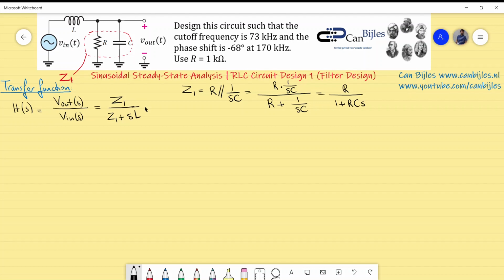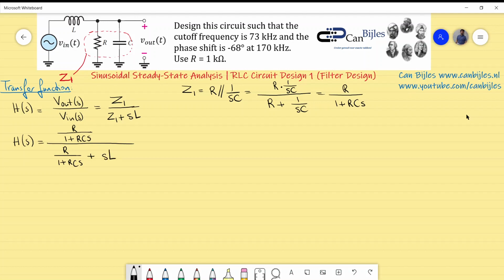I will now use this expression for Z1 here, and then simplify again so that I can use it for the phase and the gain expression. So H of s will be R divided by 1 plus RCs, and the whole term I need to divide by R divided by 1 plus RCs, plus as a final term sL.